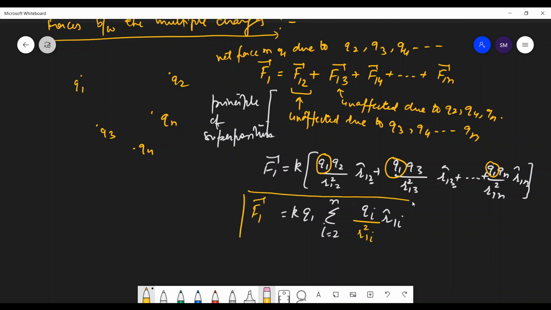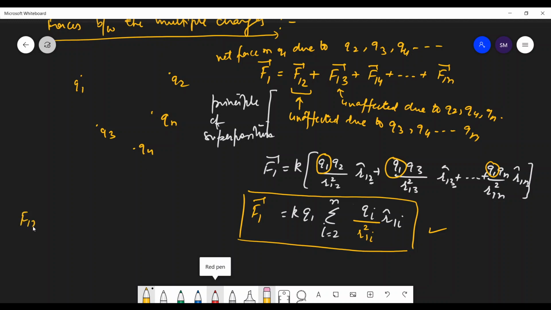Students, this derivation is sometimes asked in the exam. This is how we can do it. Always remember that if you want to do it with the parallelogram law, that figure is also given in your book. You have to add two vectors at a time.